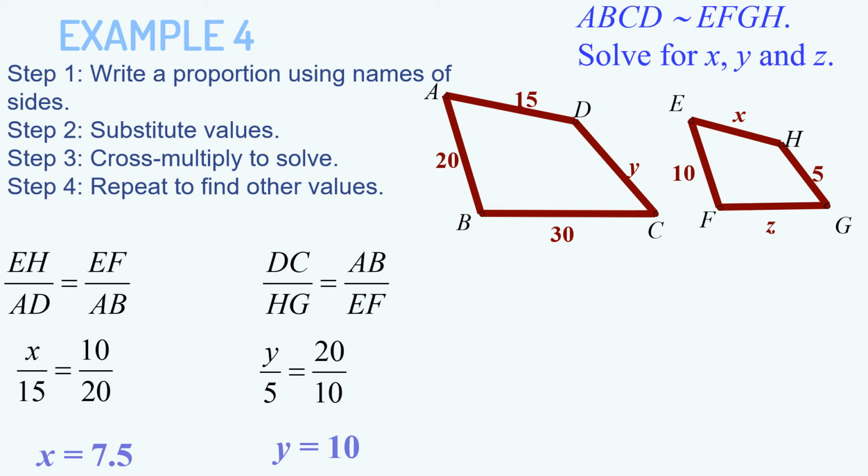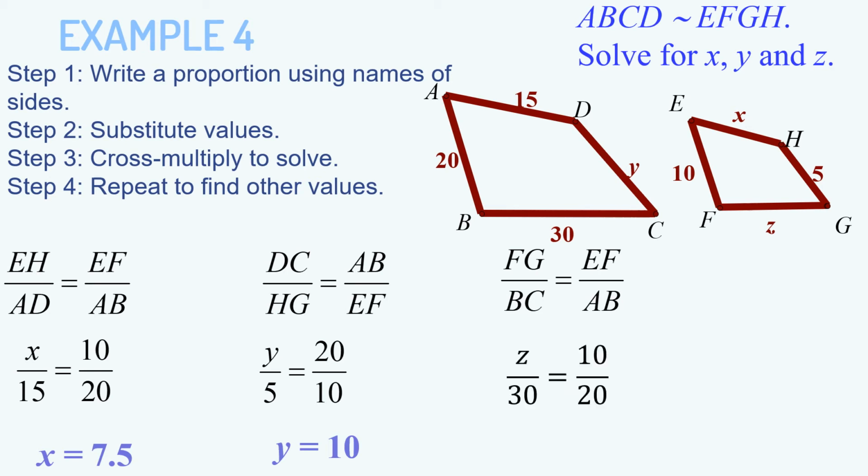We repeat exactly the process that we have been using to find y, to find z. And I notice that if z is the length of the segment FG, and FG corresponds to BC, I need a ratio FG over BC. One of those is unknown, so the other ratio that I need to use, I need to know the length of both sides. So in this case, we're going to use the length of the sides EF and AB, that are corresponding sides.